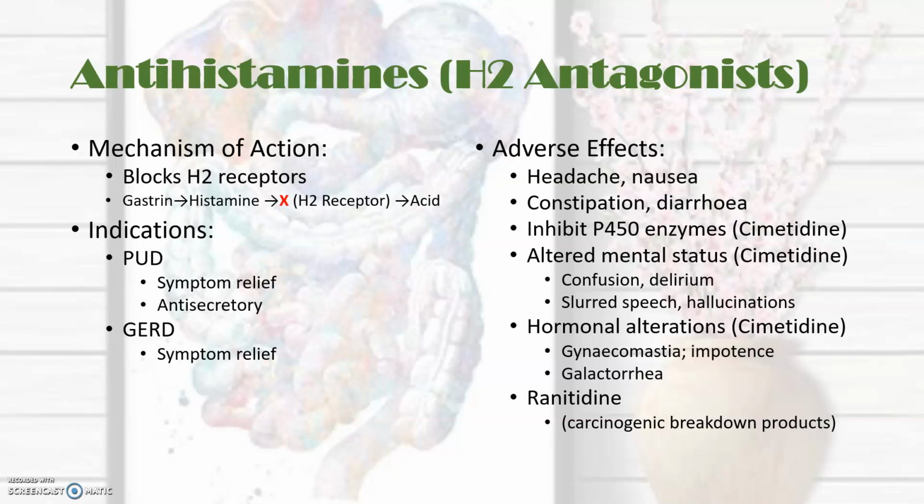Particularly cimetidine has a fairly long list of adverse effects, including confusion and delirium, inhibition of the P450 enzyme system, and hormonal alterations which can lead to gynecomastia and galactorrhea.